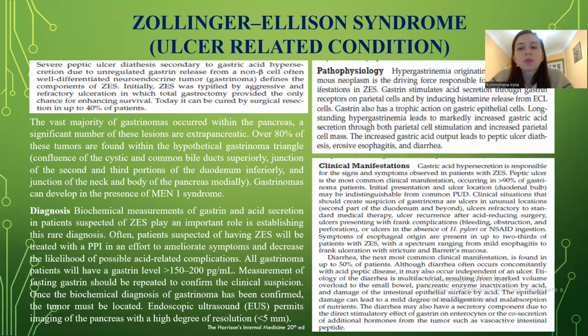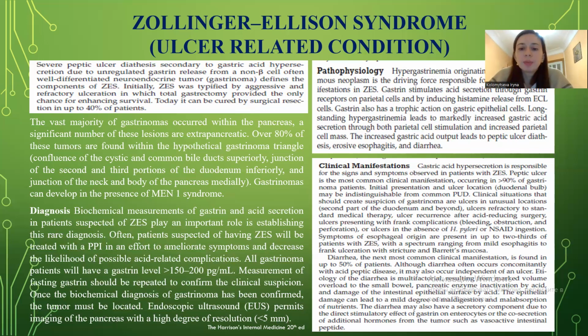Diarrhea, the next most common clinical manifestation, is found in up to 15% of patients, although diarrhea occurs concomitantly with acid peptic disease. It may also occur independent of an ulcer. The etiology of diarrhea is multifactorial, resulting from marked volume overload to the small bowel, pancreatic enzymes inactivated by acid, and damage of the intestinal epithelial surface by acid.